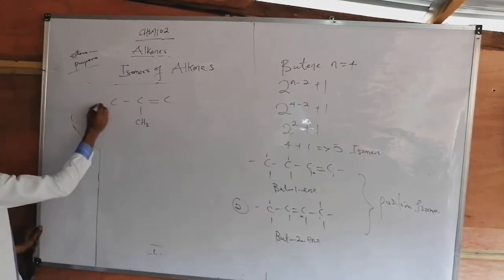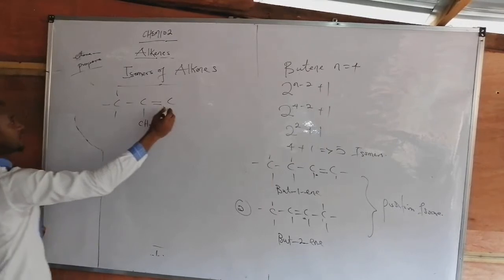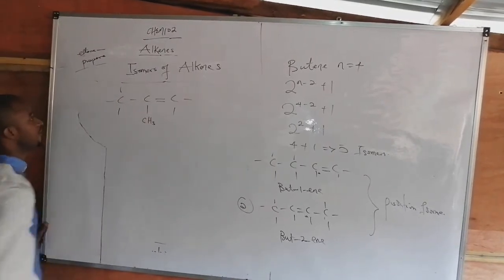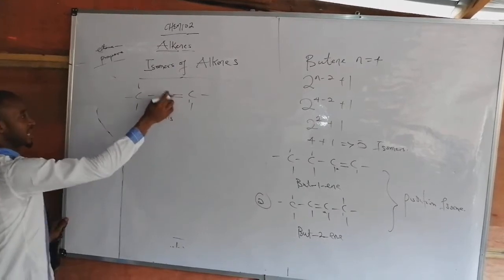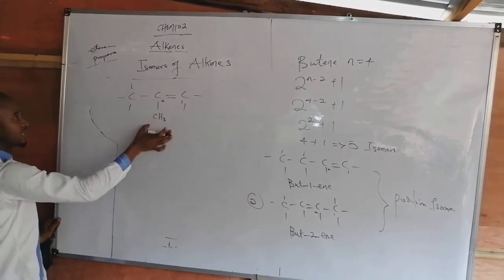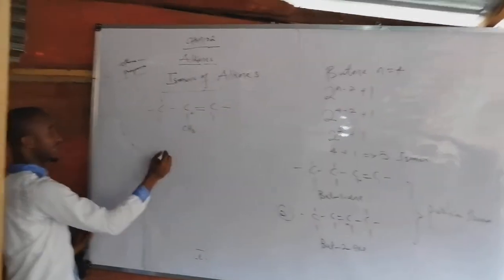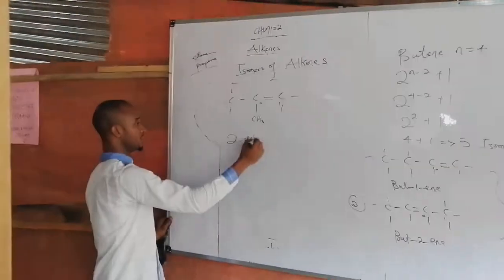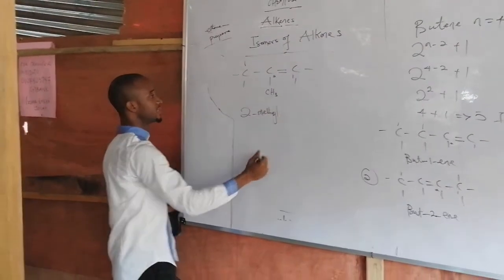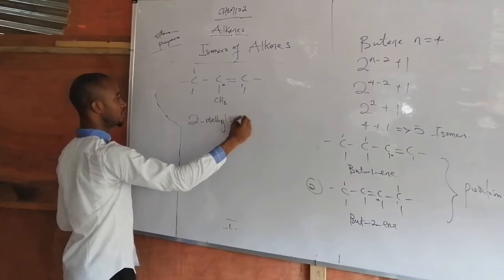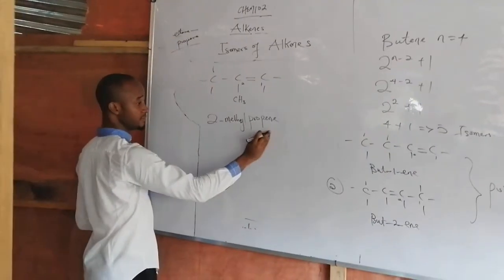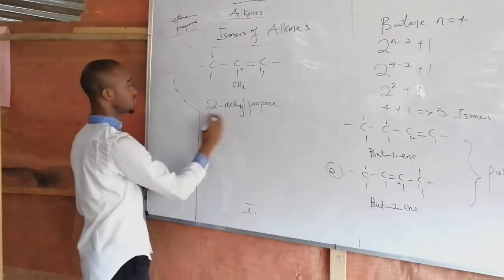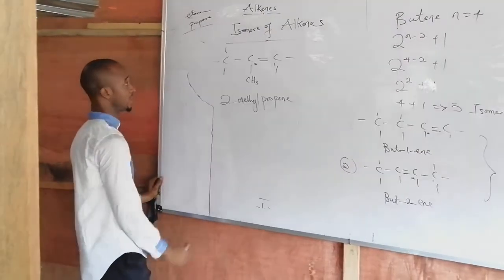The shortest carbon number to this branching is carbon 2. That will give us 2-methylpropene. The parent chain is propene.